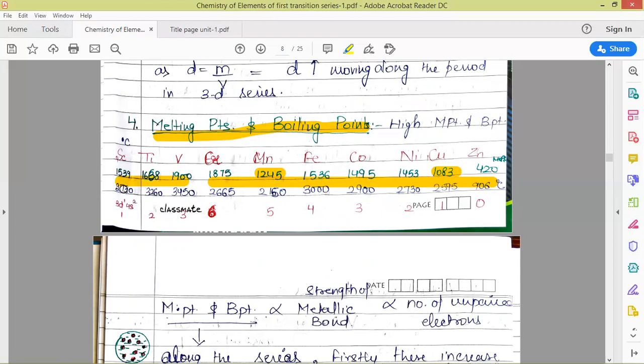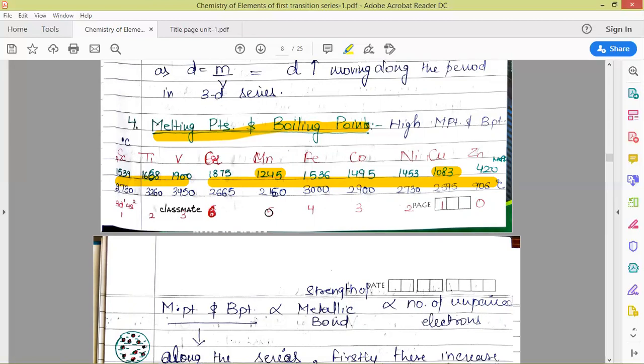This can be related to the number of unpaired electrons. As we move from scandium to vanadium, the number of unpaired electrons changes. Here there is 1 unpaired electron, here there are 2 unpaired electrons in the d subshell, then 3 for vanadium. Chromium is having the maximum unpaired electrons, that is 6. Then comes manganese, which is an exception.